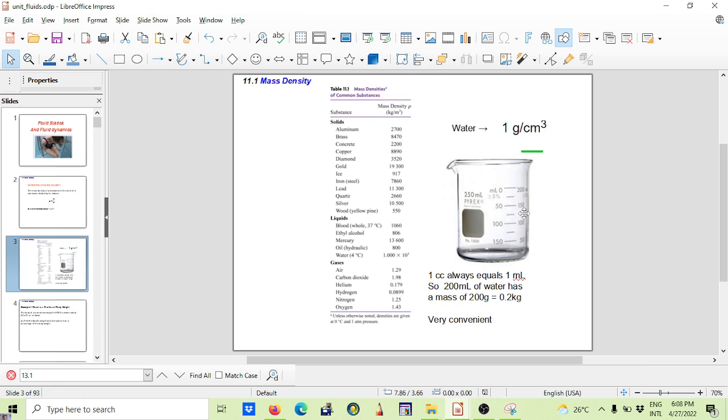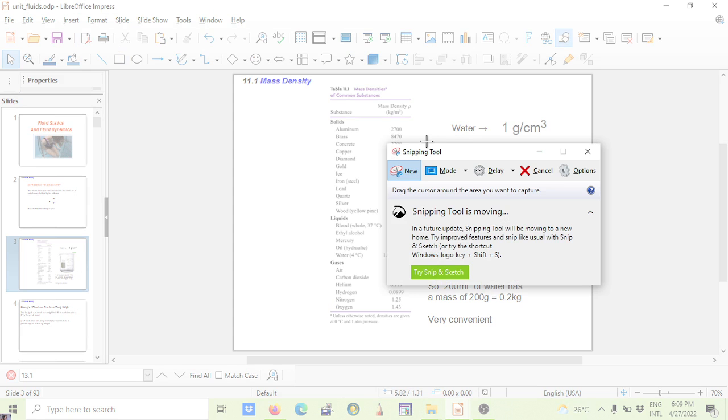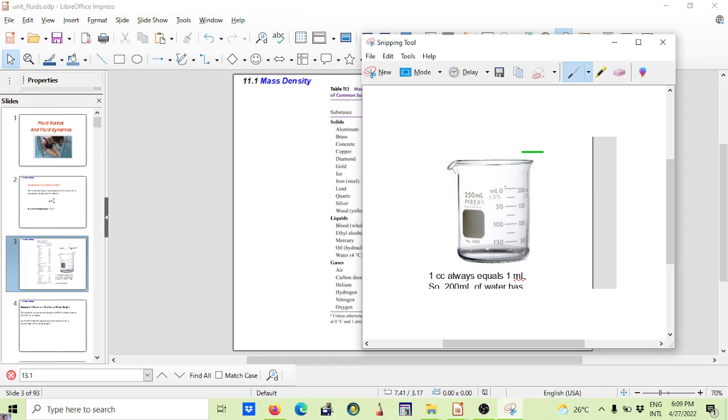So 1 milliliter is 1 gram. When you are doing an experiment in the lab, for example, and here it says 250 milliliters, and you fill your beaker with water up to here, because you know the density of water, the mass of the water inside is going to be exactly 250 grams, which is 0.25 kilograms.